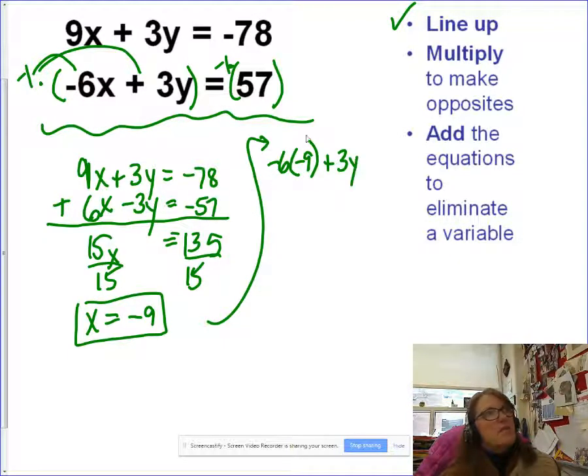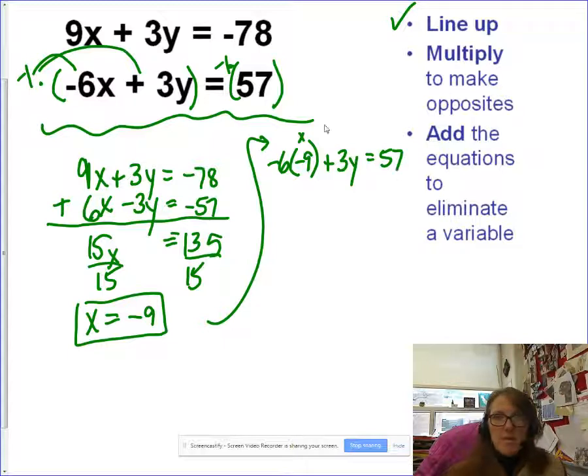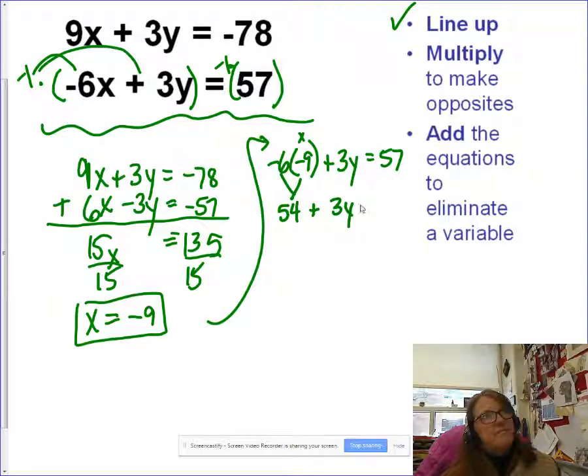Okay, so -6 times x, I just said x was -9, plus 3y equals 57. That was my original equation. This gives me +54. Oh my word, look what's going to happen. Solve for y. You're going to subtract 54 and subtract 54.